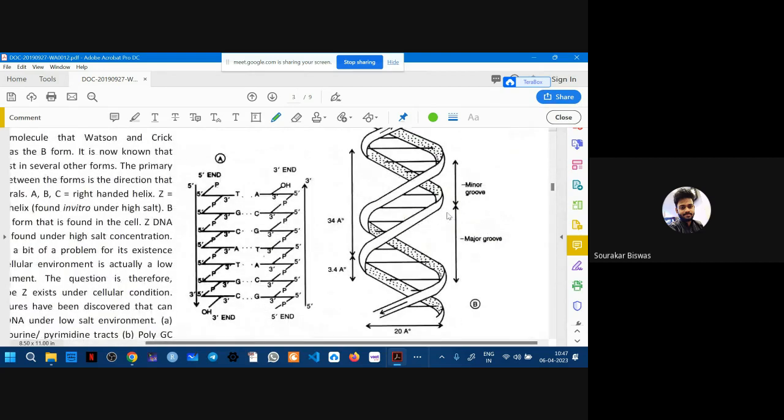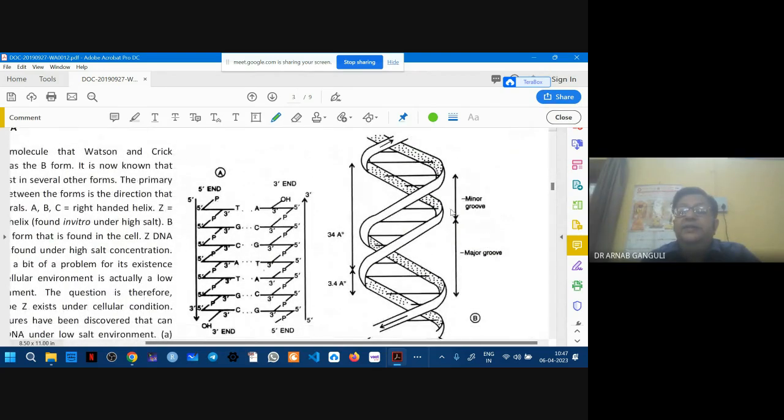Now let us look at the Watson and Crick model. 5 prime end, 3 prime end, 3 prime end, 5 prime end, again 3 prime end. And you have hydrogen bonding over here.